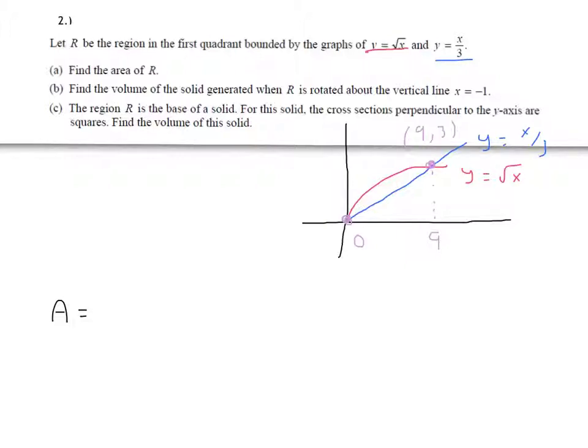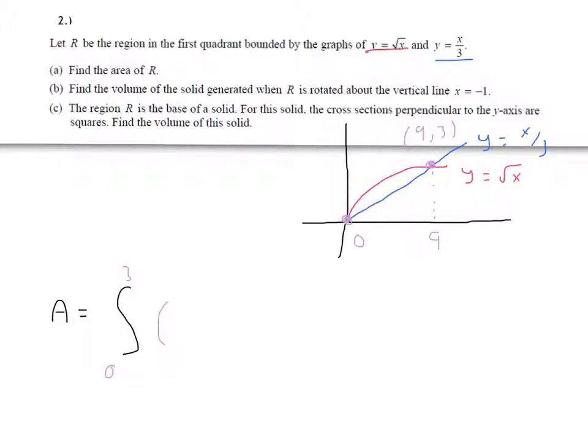Okay, so the area of this region is going to be the definite integral from 0 to 9 of my upper function minus the lower function.